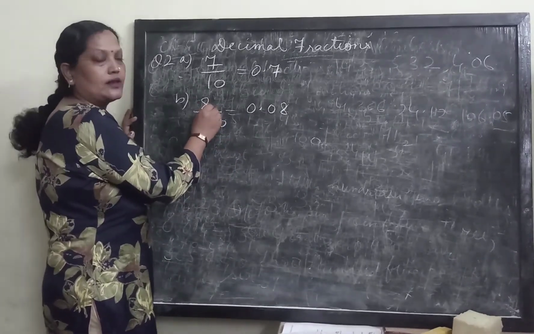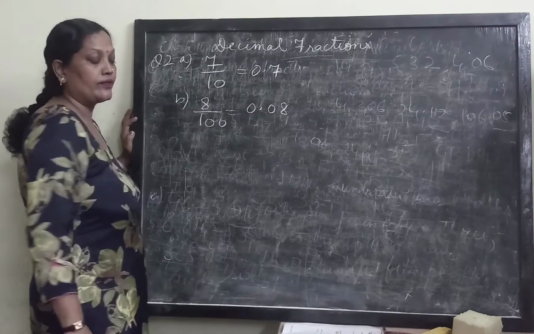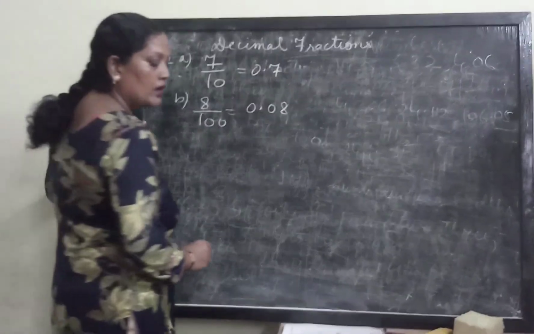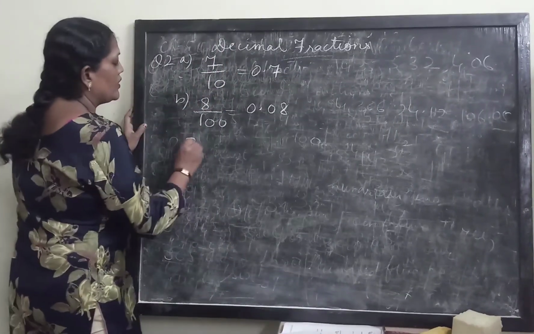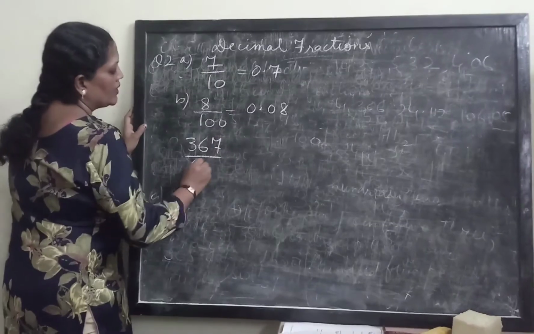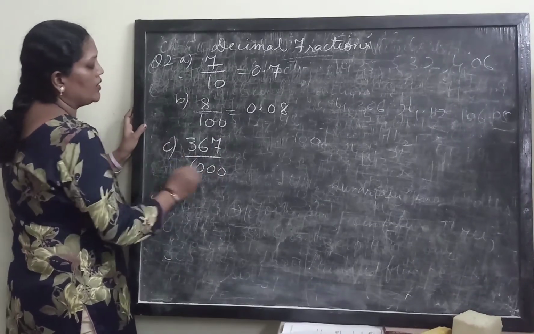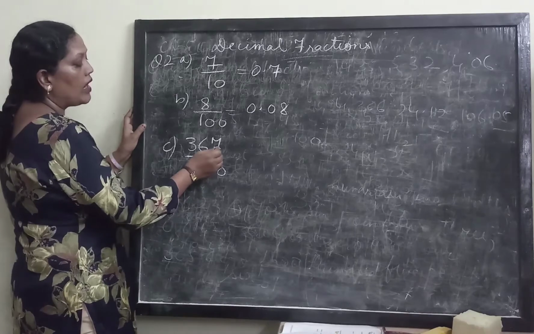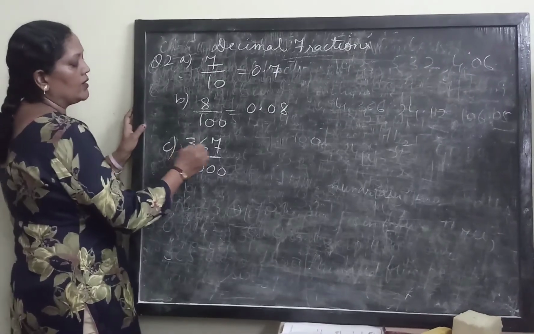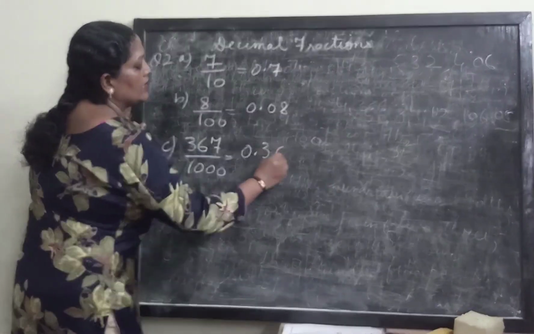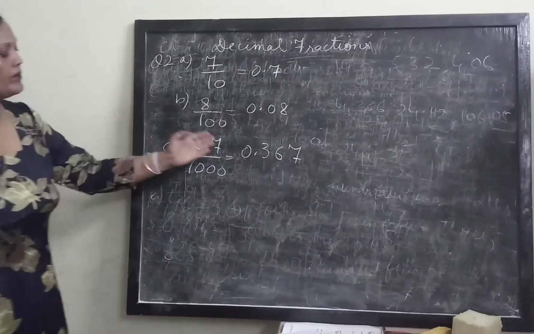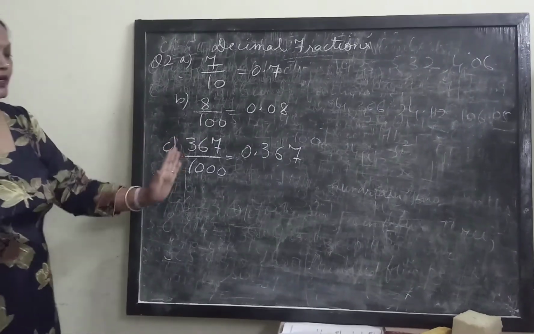We want only 8. So you will write 0.08. Got it? Similarly, 367 over 1000. How many zeros are in the denominator? 3. Count from the back. So 0.367. You have to count from the back, not from the front.